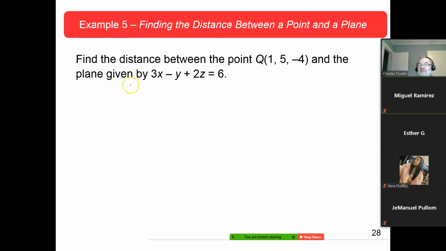We know the normal vector to this plane, let's call it n, is equal to your direction numbers here, (3, -1, 2). That's the normal vector.